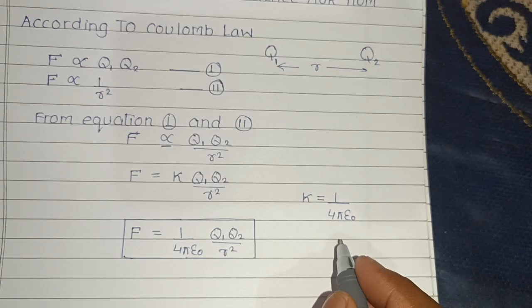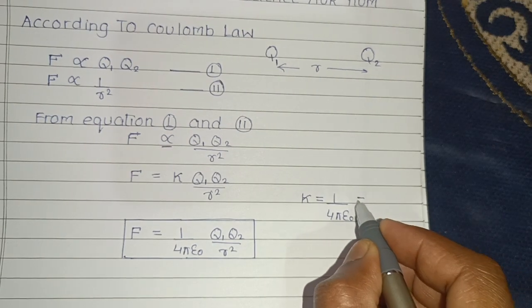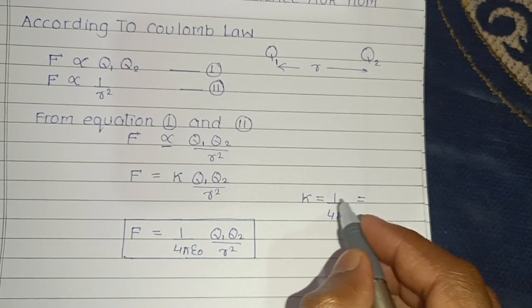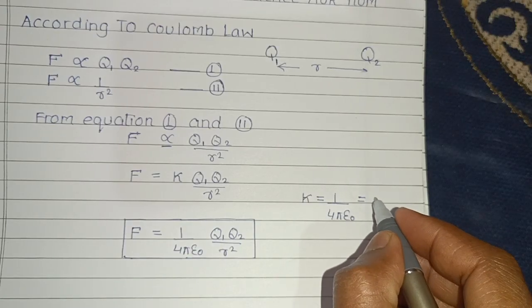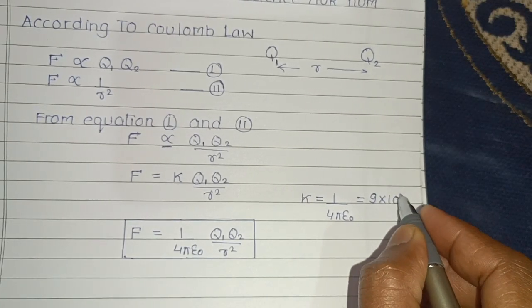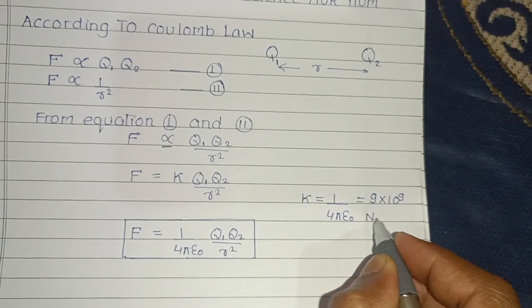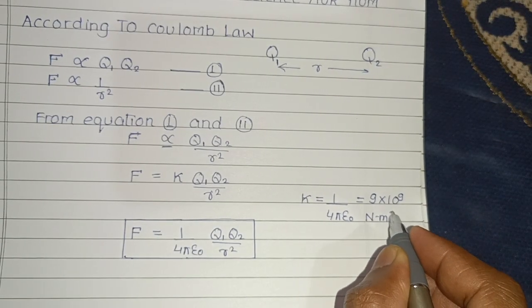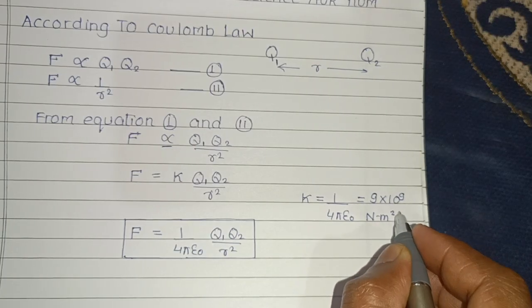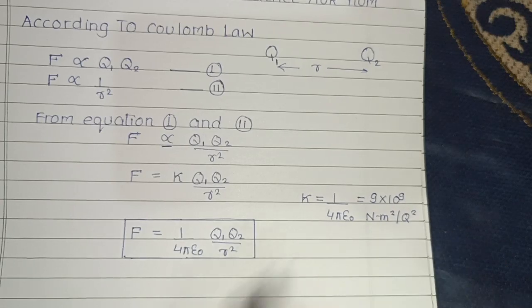Here K is equal to 1 upon 4 pi epsilon naught, which has a value of 9 into 10 to the power 9 Newton meter square per Coulomb square.